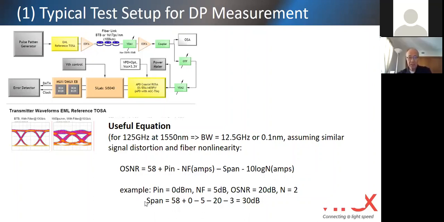So you can see here the span is roughly equal to 30 dB for receiver input 0 dBm, total noise figure 5 dB, and OSNR 20 dB, with 2 amplifiers, right? That's how to estimate signal to noise ratio in a system like this.